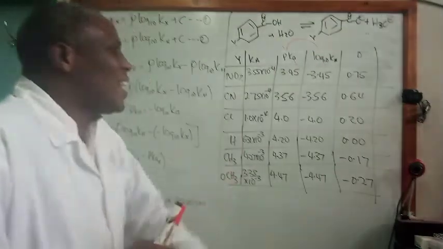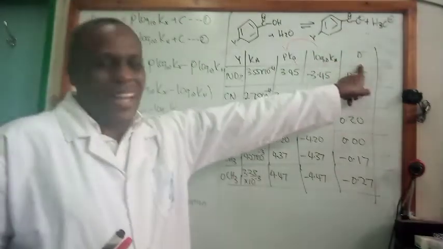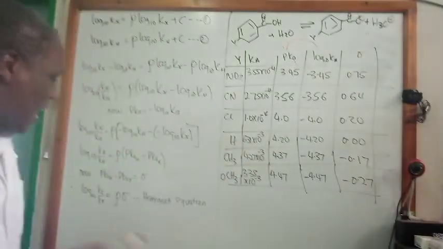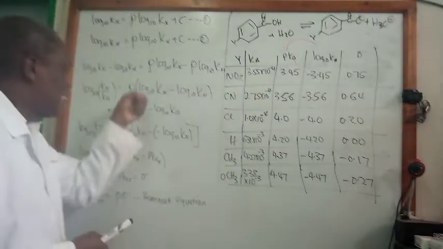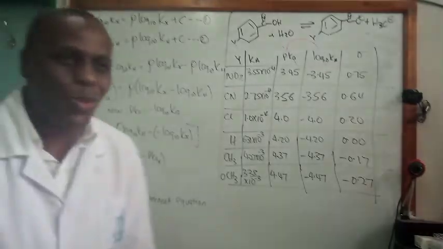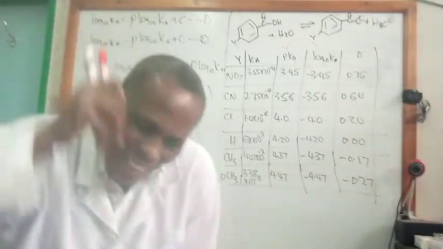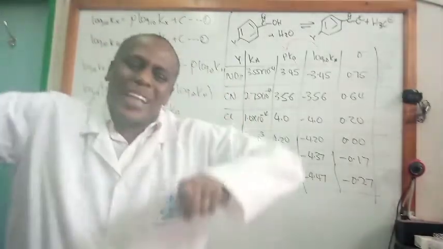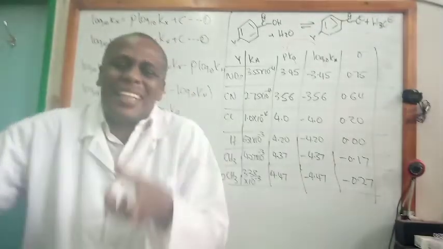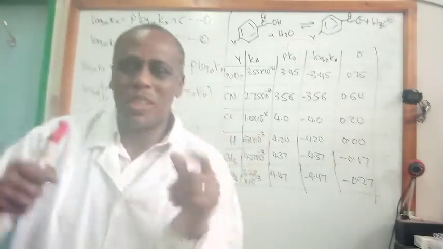The sigma, and later the gradient, which we'll call rho, are going to tell us something about the electron density in the reaction you are dealing with.